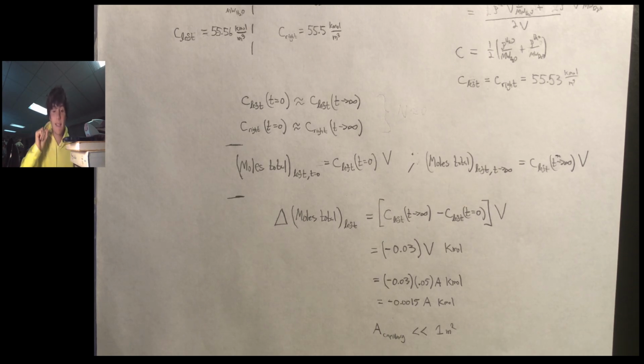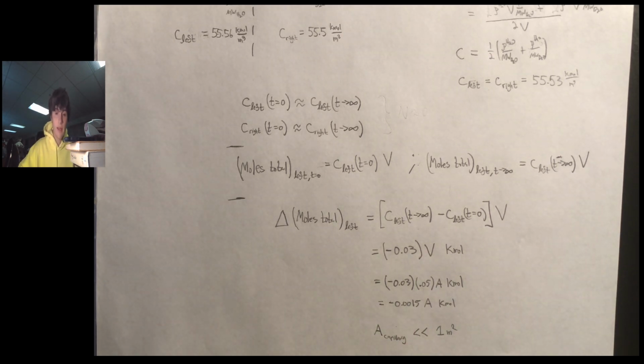But we have to remember that this is a capillary, and the cross-sectional area of a capillary is really, really small. If you look up the definition of a capillary, I think it's just a tube with a hair-thin diameter.